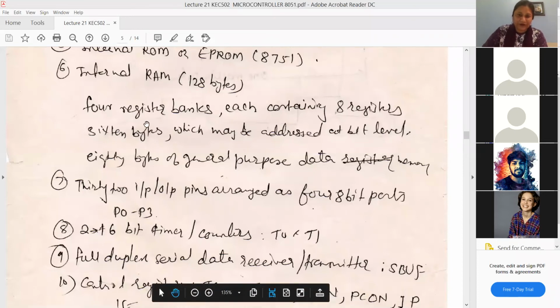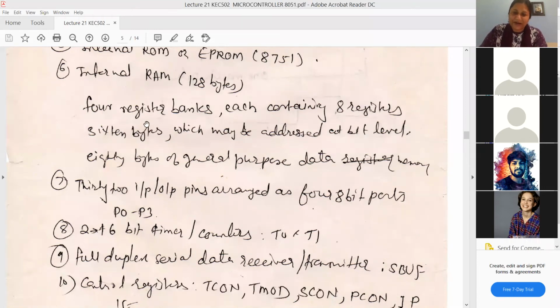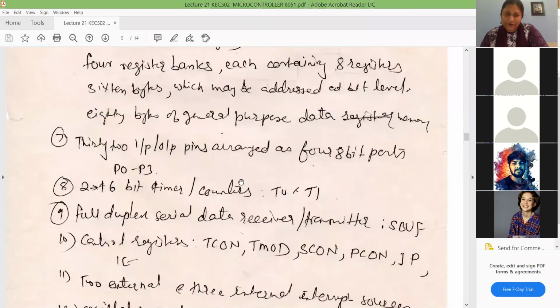You have 32 registers R0 to R7 in 4 banks. You have 16 bytes of RAM which is bit addressable, and you have 80 bytes which is general purpose RAM. And you have 4 ports, P0 to P3. Each port is an 8-bit port, and each port pin can be addressed as a single bit.